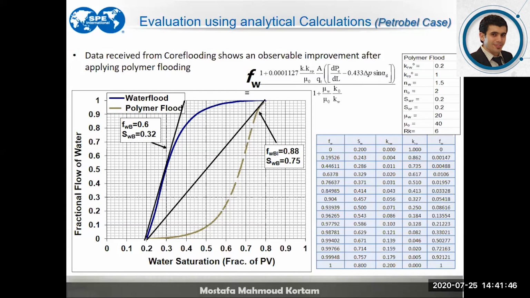But at the end, you have to work with the theoretical assumption, and the benefit of this model is to see and check whether the polymer is affecting and how much the result would be. So there is really a great difference, and a remarkable gain was attained from applying the polymer.